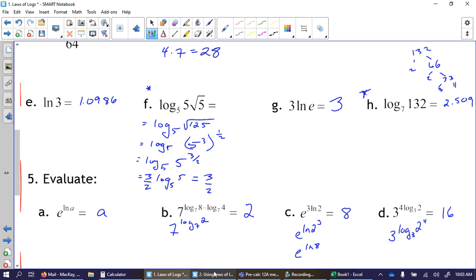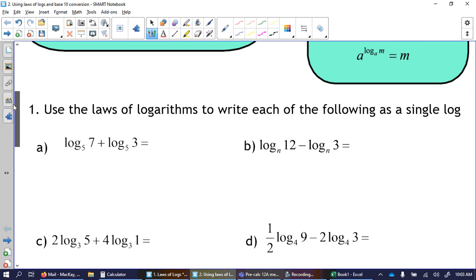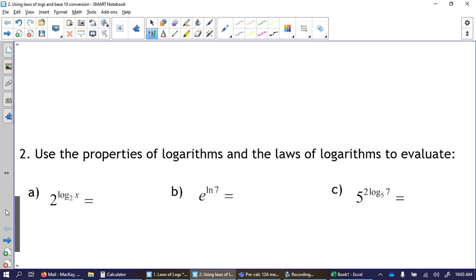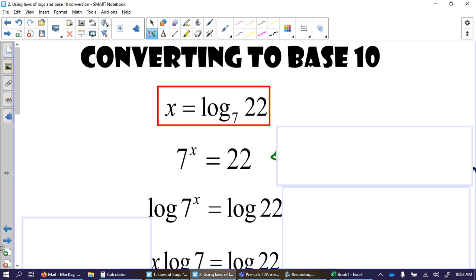I put this one in here. This is just a summary of our stuff. There's some extra practice in here that you can do if you choose. This is converting to base 10 because there are some things, like log base 7 of 22. 7 to what power is 22?